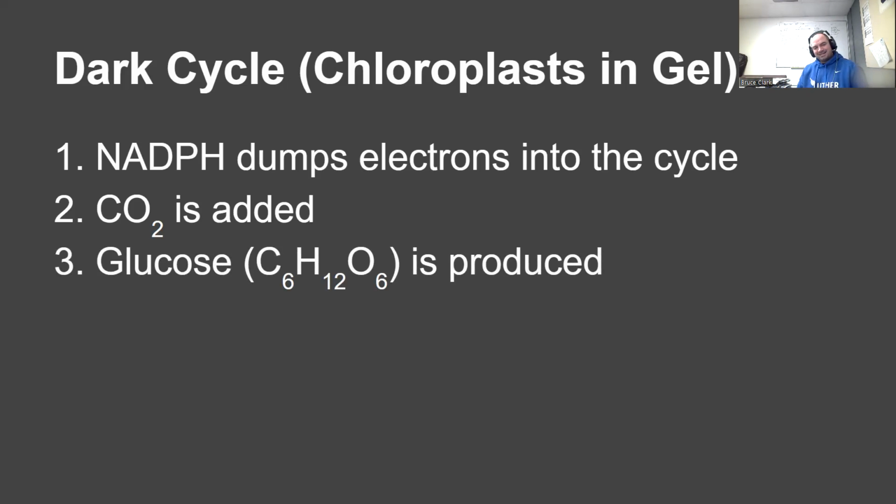But chemically inside, they're going to go through a series of changes to produce glucose, C6H12O6 or some derivative of that, and so thereby producing sugar. So we add in electrons, take in that CO2 gas as a source of carbon, and then we're going to store that energy in the chemical glucose.